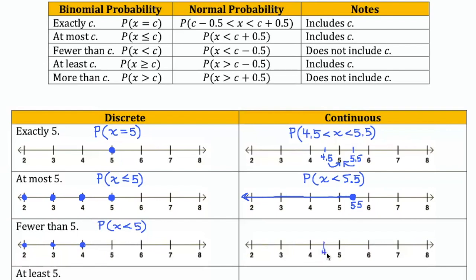So once again, I want to think about going beyond 4 to 4.1, 4.2, and so forth, and say anything from 4.5 down is going to satisfy this inequality. So my continuous probability is actually x has to be less than 4.5. You can see that again up in the table, where when c is 5 and you want to be strictly less than that, you take that 5 and subtract half a unit.